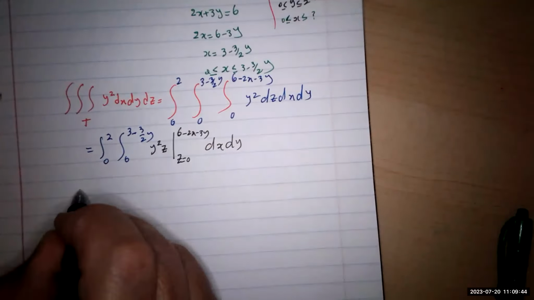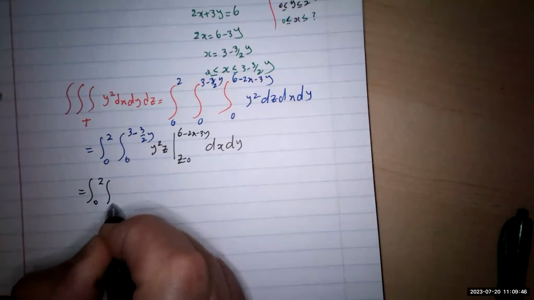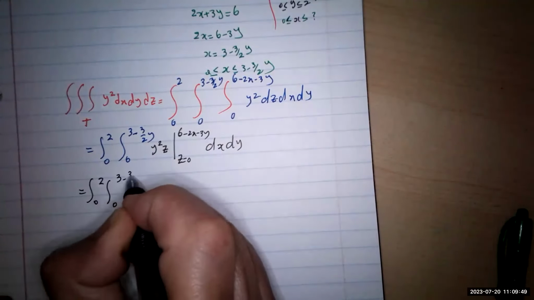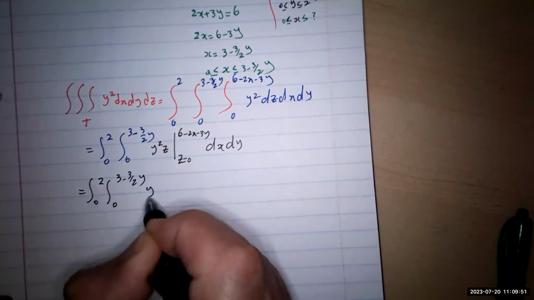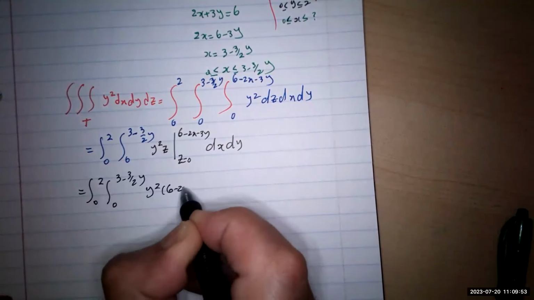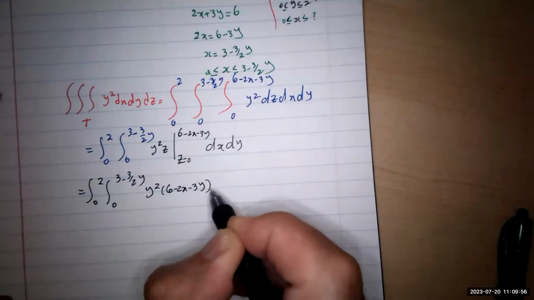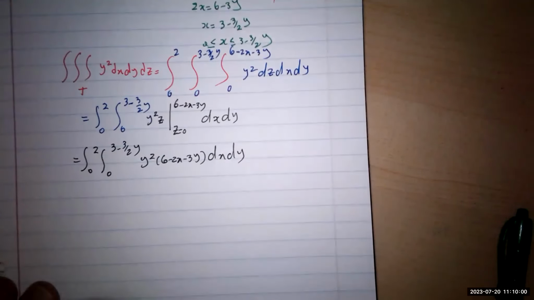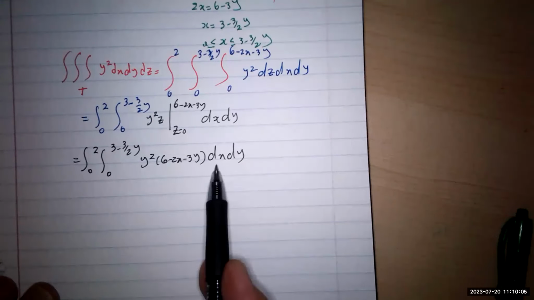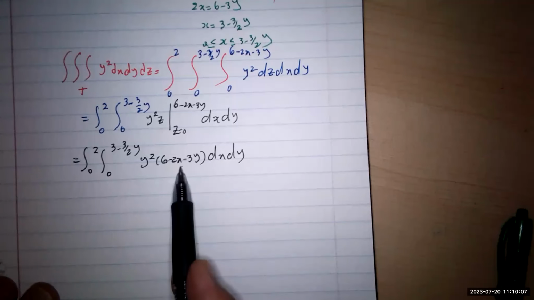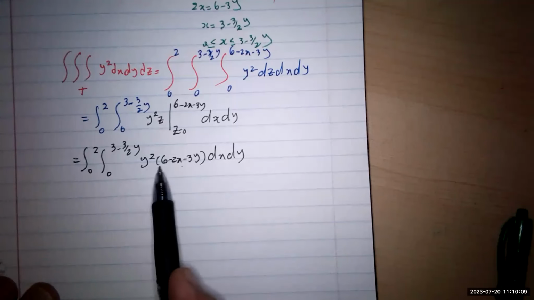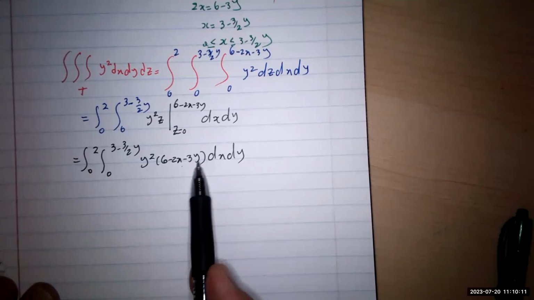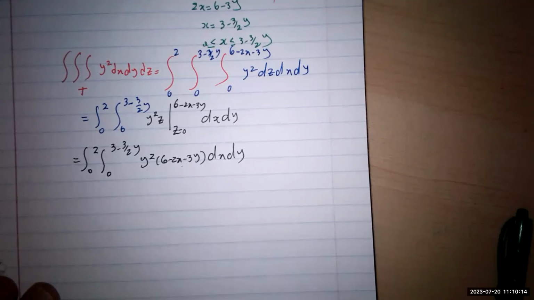If you substitute it, the resulting expression is much easier to handle. It's 3 minus 3 half of y. You get a y squared times 6, the same thing that we did have before, but this is going to be dx dy. This is very easy to integrate with respect to the x, even if you don't have to multiply it. Because this is a constant, you integrate the inside with respect to the x.